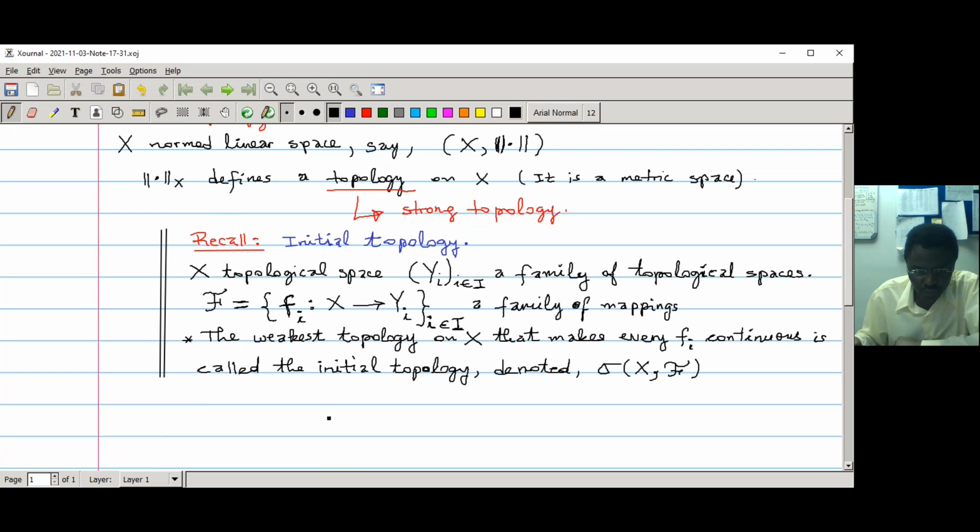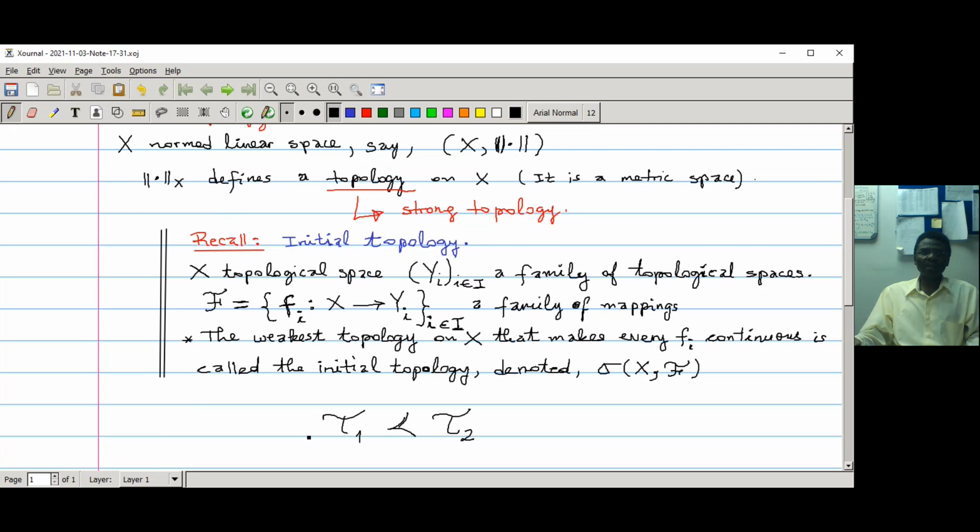Because remember, if you have two topologies, T1 and T2, if we have this, we say that T1 is weaker than T2.